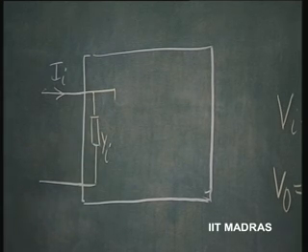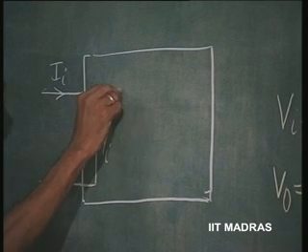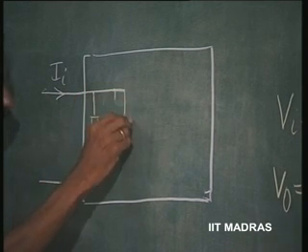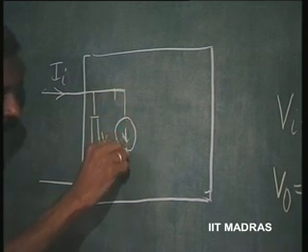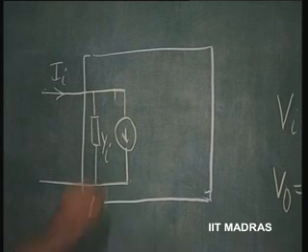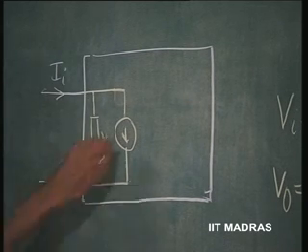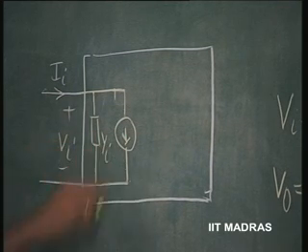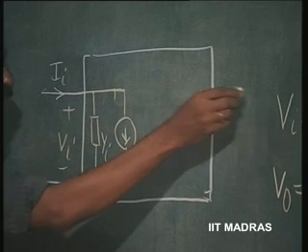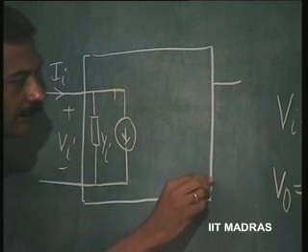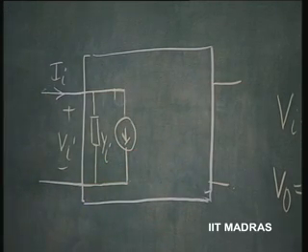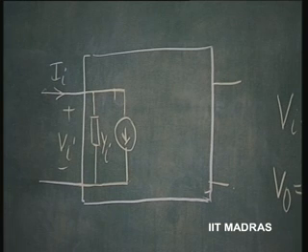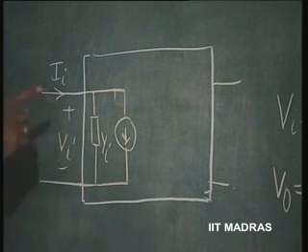Another path will have a current source which is going to be equal to something happening here. So, we are going to represent this in terms of dependent variables which are going to be Vi and V0.